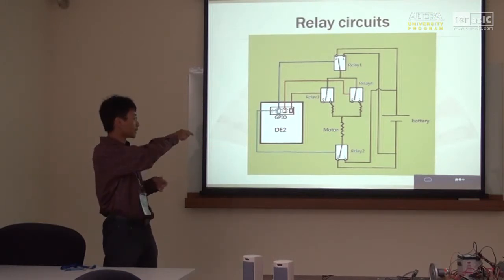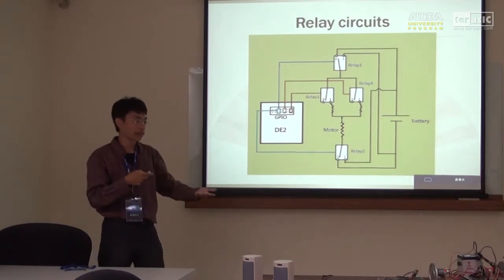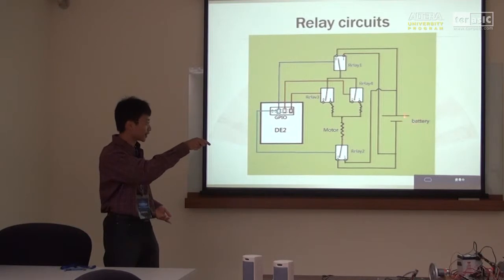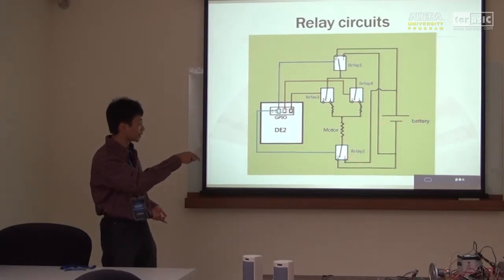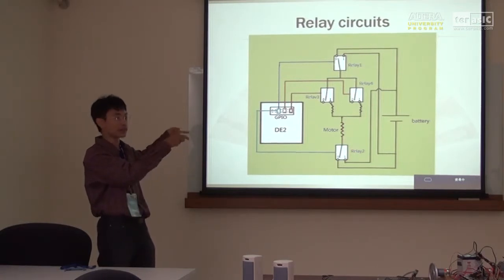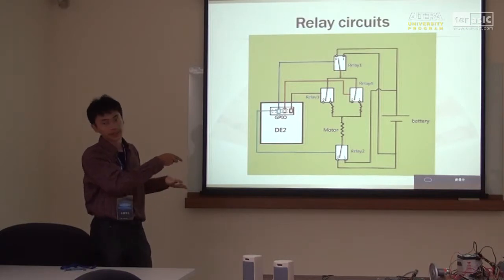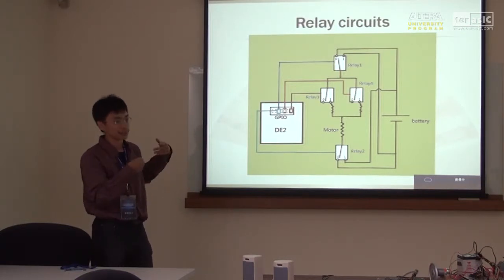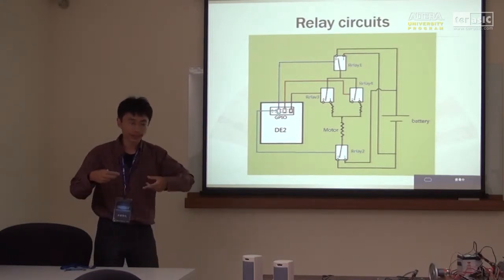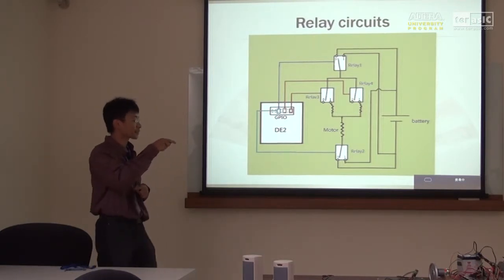And if this signal indicates a 1, then the current will go from the downside to the upside. So the motor will have an upward current. From this signal, we can have the motor turn forward or backward.